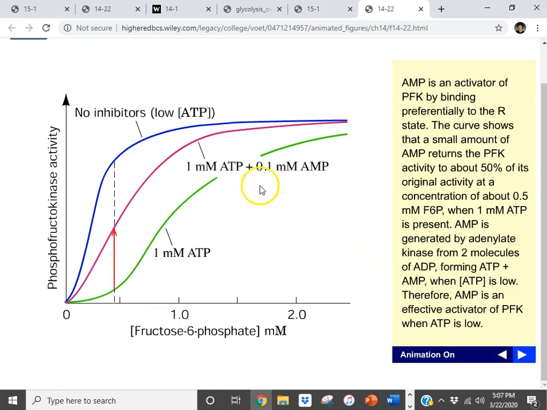Interestingly, you can still have the 1 millimolar ATP, but then you add a little bit of AMP, and AMP is more correctly called a D inhibitor, because this is the activity you got with ATP. Even if the ATP is still there, if you add a little bit of AMP, look how much you can increase the activity. So AMP relieves the inhibition caused by ATP. We can call it an activator if we want. That's okay, but it's really more correct to call it a D inhibitor.